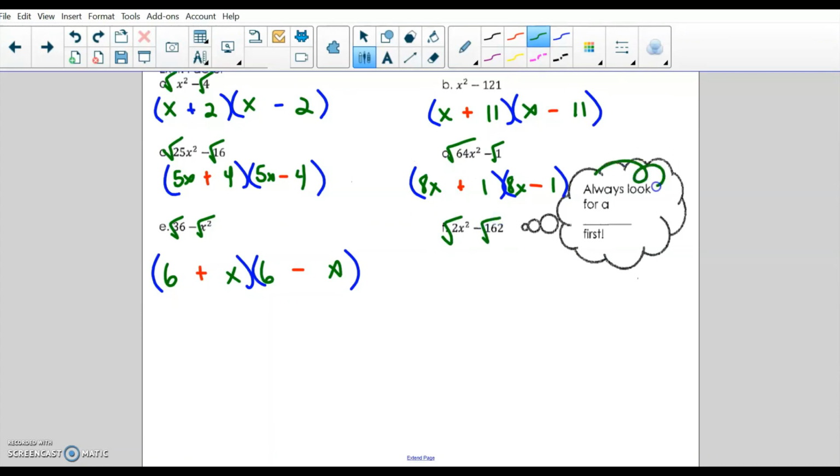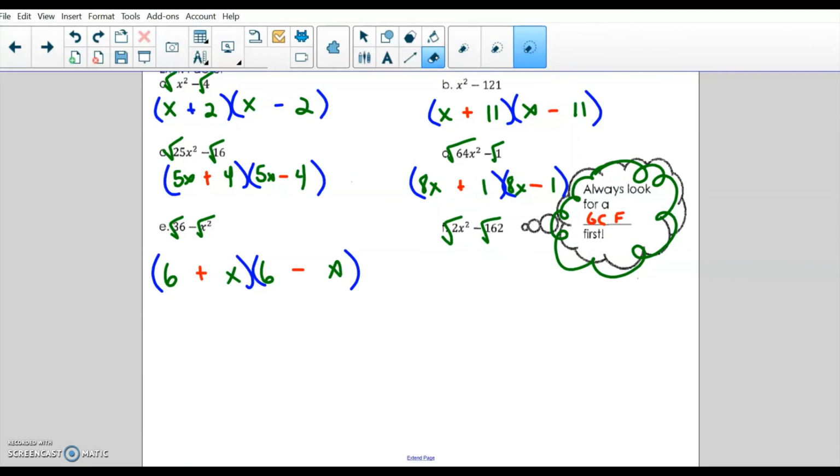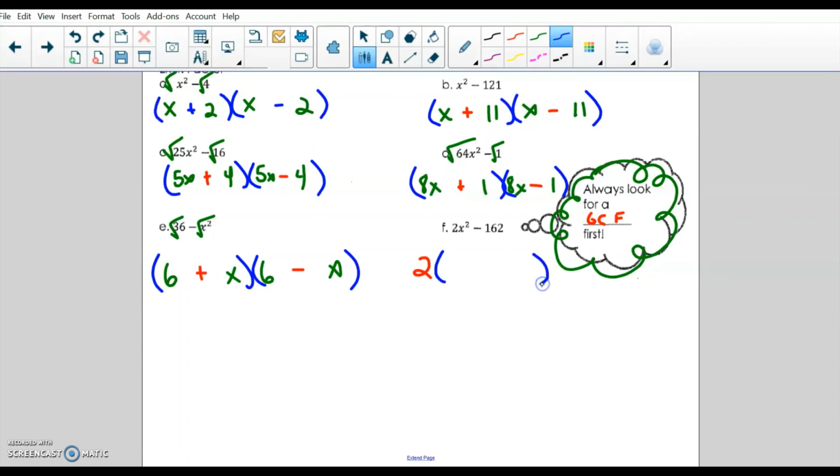All right, on F, what you should notice is that these are not perfect squares. So remember, we're supposed to look for something first every single time, and that would be the greatest common factor. So we can't take the square root first. We have to factor out the 2 before we can start taking the difference of squares. So we remove the 2.